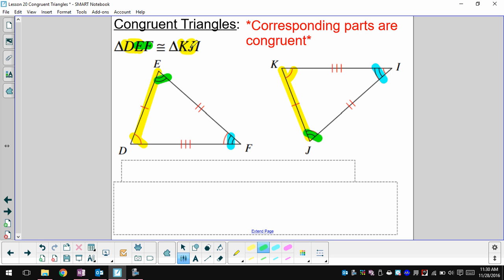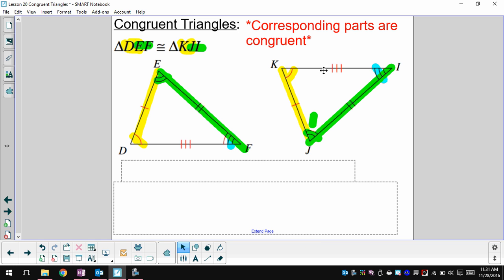EF is congruent to JI. And last but not least, DF is congruent to KI. And again, we have a different number of slashes on the sides to show which sides are congruent to each other, and also show that not all 6 sides are congruent. So that's what we call the congruent corresponding parts.